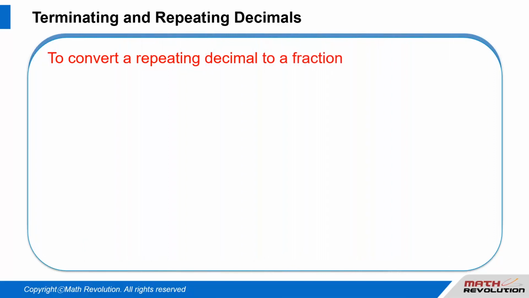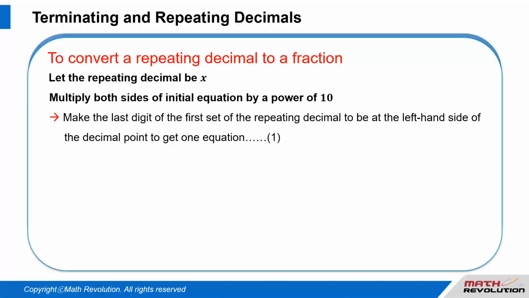To convert a repeating decimal to a fraction, we first let the repeating decimal be x. First, we multiply both sides of the initial equation by a power of 10 that will make the last digit of the first set of the repeating decimal to be at the left-hand side of the decimal point to get one equation.